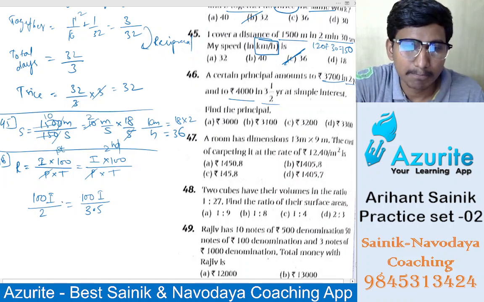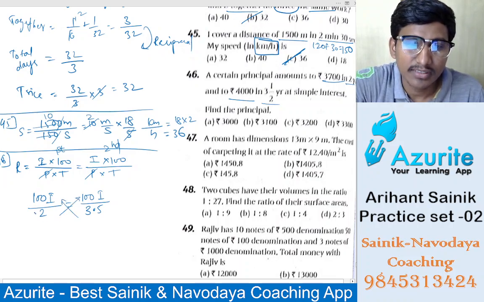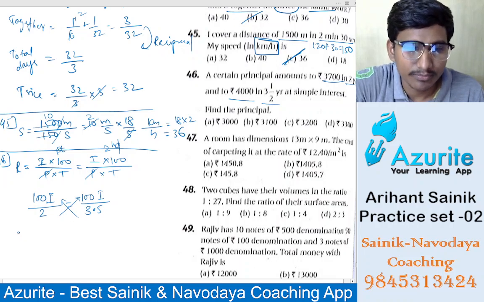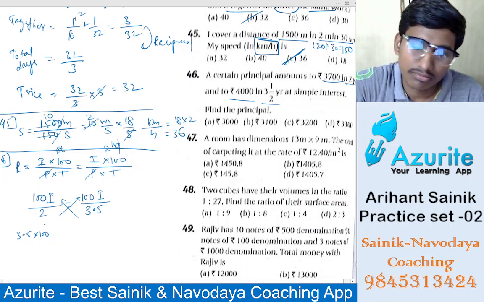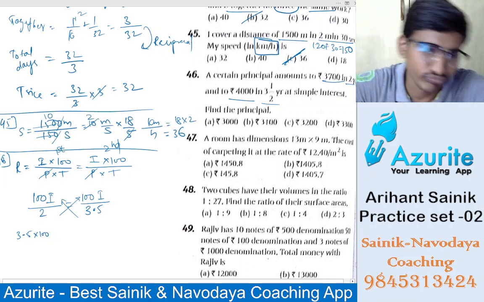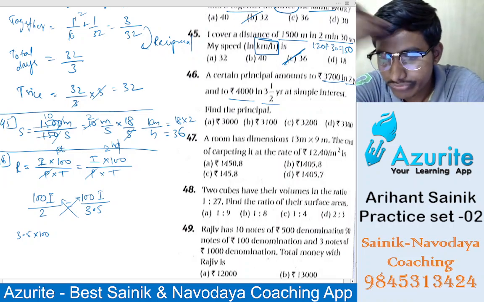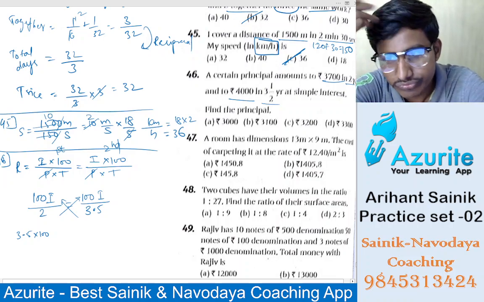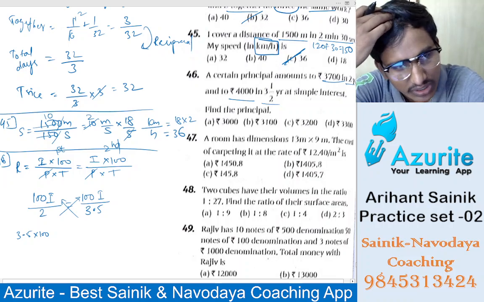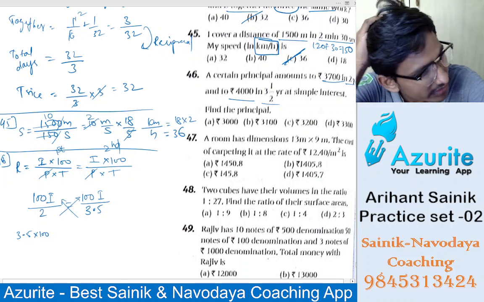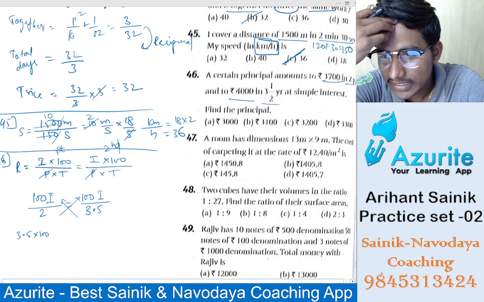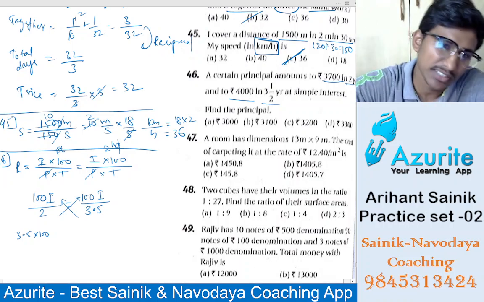Cross multiply it. So 3.5 into 100, 350 interest, and that side 200. So rate we don't know. That is a difficult thing.